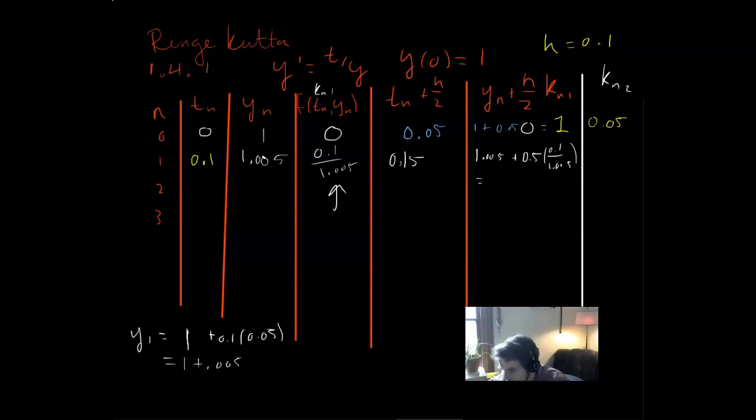Also quick typo, there needs to be a 0.05 because we're going halfway there, plus 0.05 times, and then I actually have the value of that slope still saved in my calculator from the last entry, so I'm going to just use that and say this gives me an answer of about 1.009975, whatever. I'm putting a bunch of numbers in there for my calculator, but I have that saved.